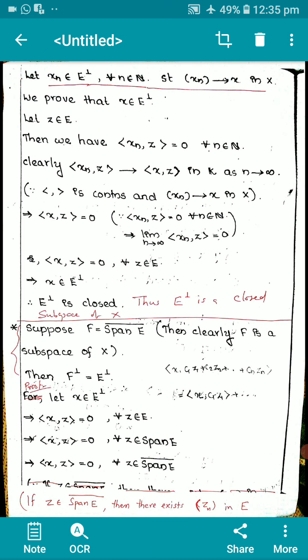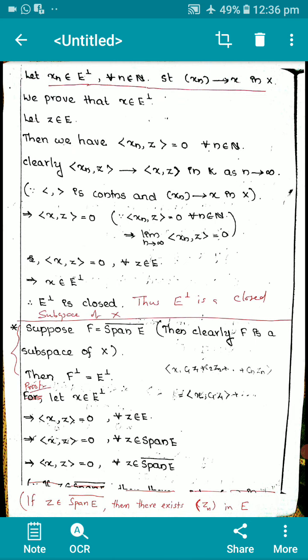Now you take xn in E perp for every n in N, such that the sequence xn converges to x in X. We prove that x is in E perp. That is, our xn is an element of E perp, and you select xn in E perp in such a way that the sequence xn converges to x.